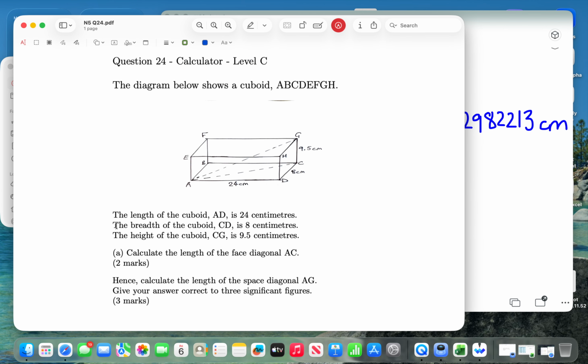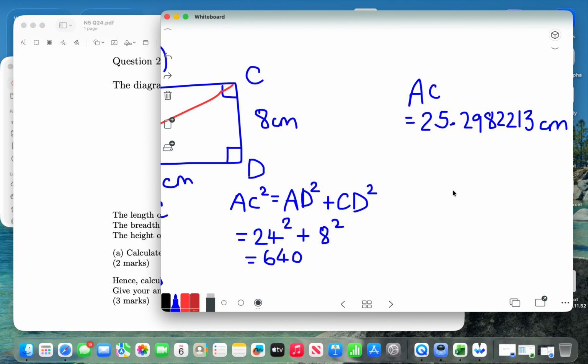Are we told about rounding? Well, there is a mention of rounding in the second part, but not in the first part. So I'm going to go with maybe 1 decimal place.